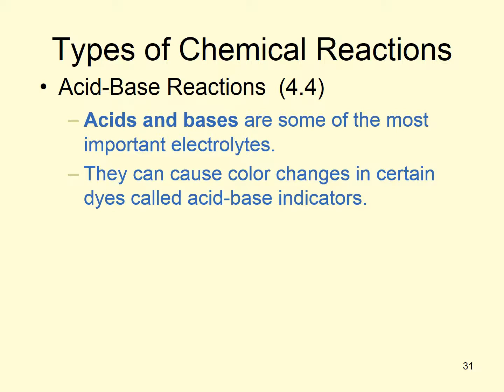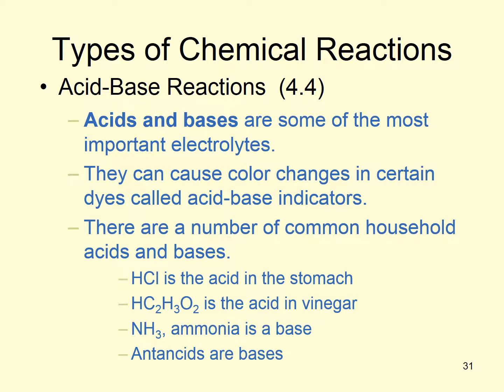Some things that they do is change colors with acid-base indicators. You've heard of them because there's a number of common household acids and bases. Hydrochloric acid is your stomach acid. Vinegar is acetic acid. Ammonia is a base. Citric acid is in fruit.